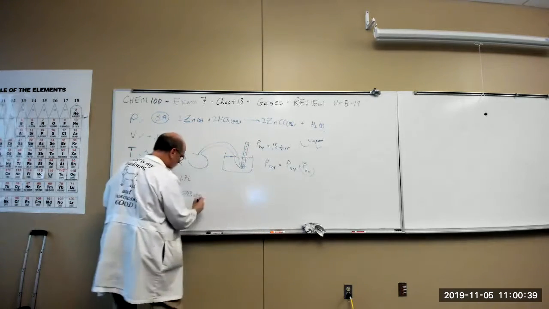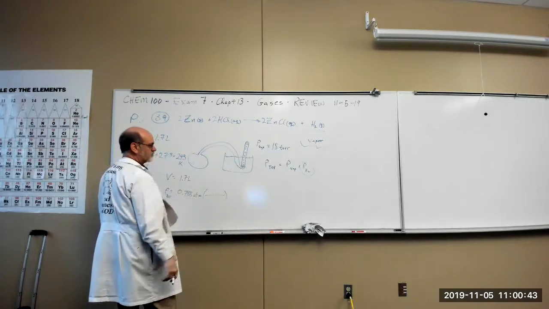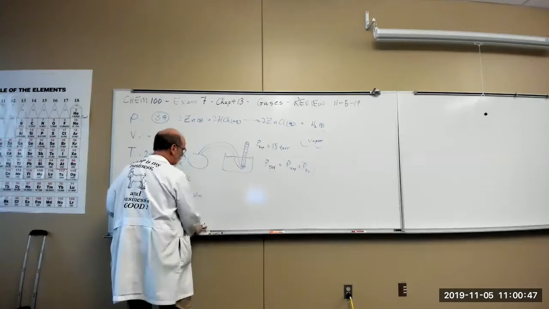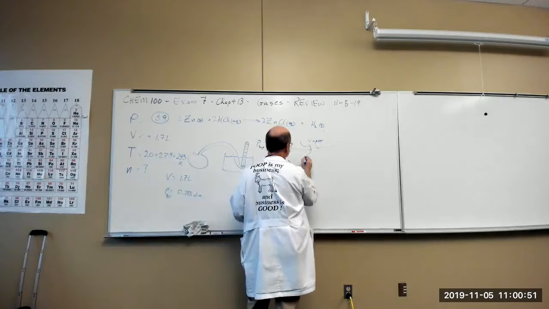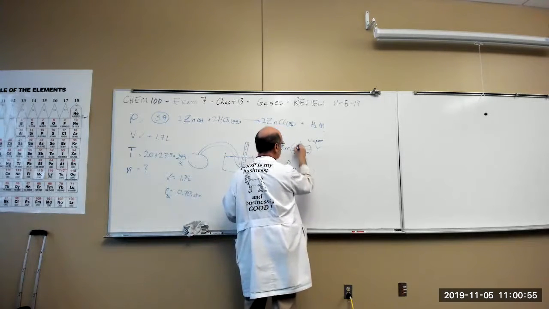So if we take this one and convert it to, now let's do it the other way. We're going to need atmospheres. So let's convert this one to atmospheres. 760, right?